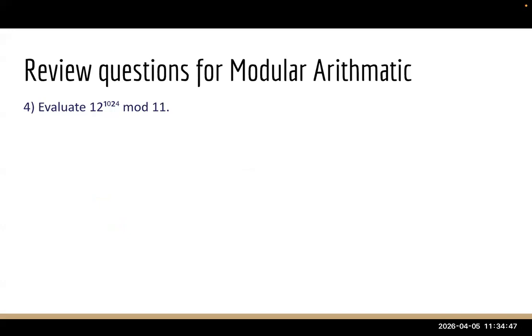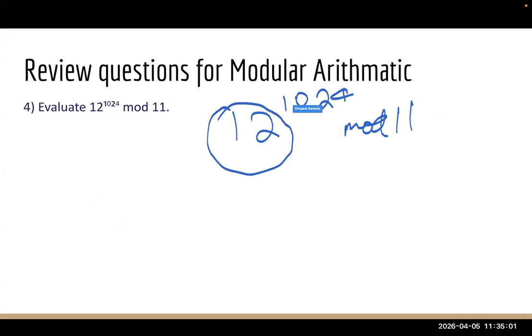So now let's evaluate 12 to the power 1024 mod 11. Now, how do we want to work this out? We just want to consider the 12 and see what 12 mod 11 is. 12 mod 11 is just 12 minus 11, which is 1.